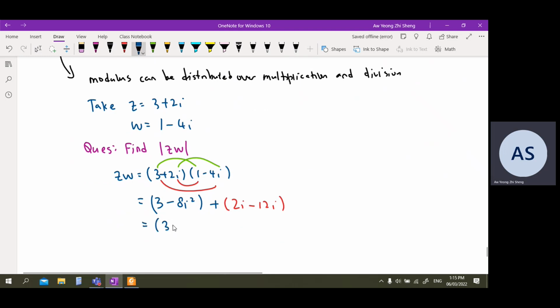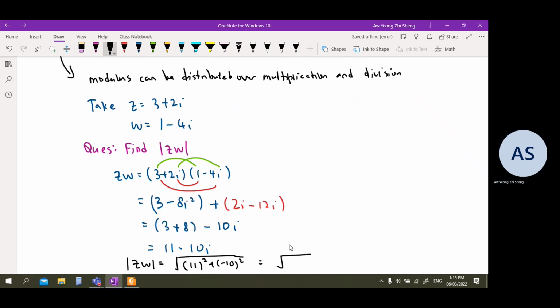So this is 3 plus 8, and minus 10i, that's 11 minus 10i. Then you can get the modulus of zw as the square root of 11 squared plus minus 10 squared, which is 121 plus 100, that's surd of 221.